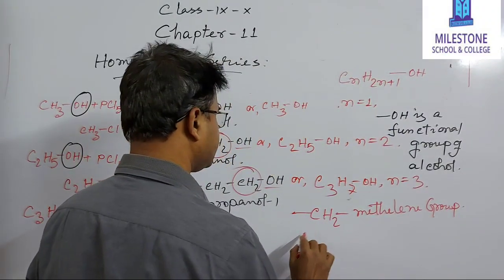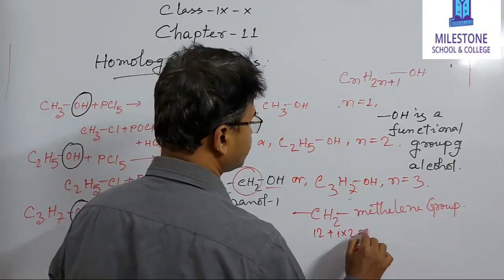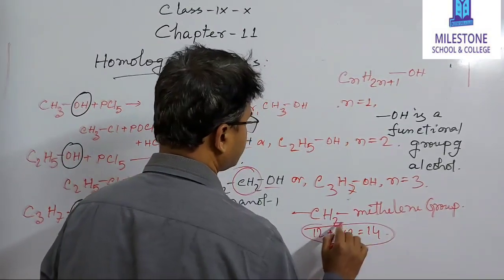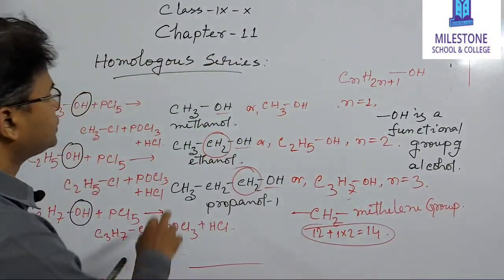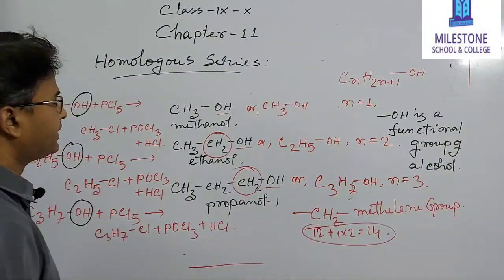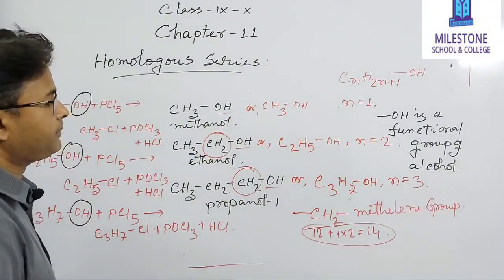The mass of the methylene group is 12 plus 1 into 2, equal to 14. I mean, the difference between two consecutive members of a homologous series is a methylene group.